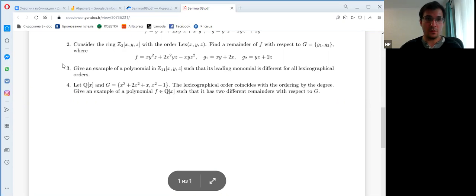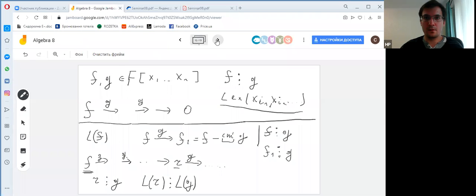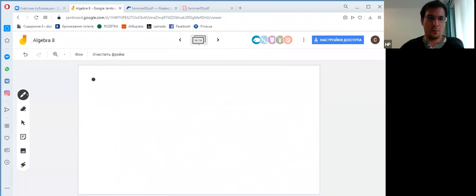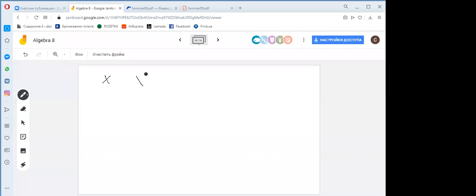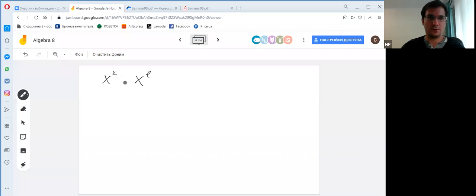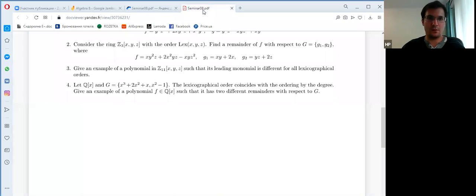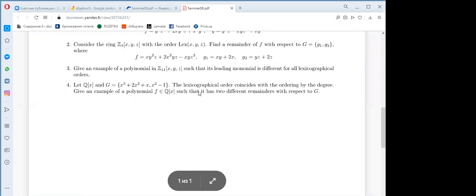Of course, because if you have just one variable, then what is the ordering? We just say that the leading element is the element with the biggest power, right? Of course. Oh, okay, I see. Then x^k is bigger than x^l if and only if k is bigger than l. This is just by this power. Yes. You understand? Yeah, then it's obvious. I see.